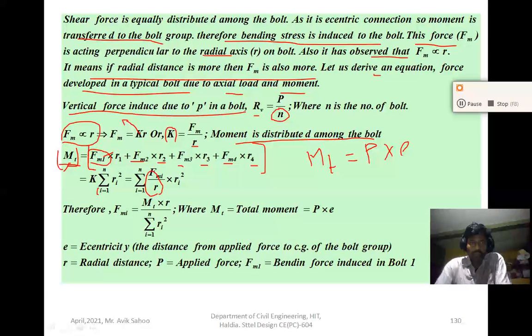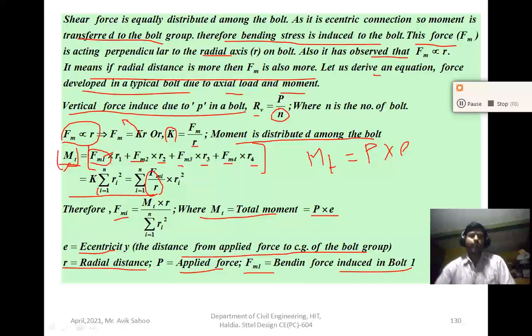Now from that equation we find out the bending force, which is equal to Mt into R by summation Ri square, where Mt is the total moment equal to P into E. E is the eccentricity, the distance from the applied force to the CG of the bolt group. R is the radial distance, P is the applied force, and Fm1 is the bending force induced in bolt one.